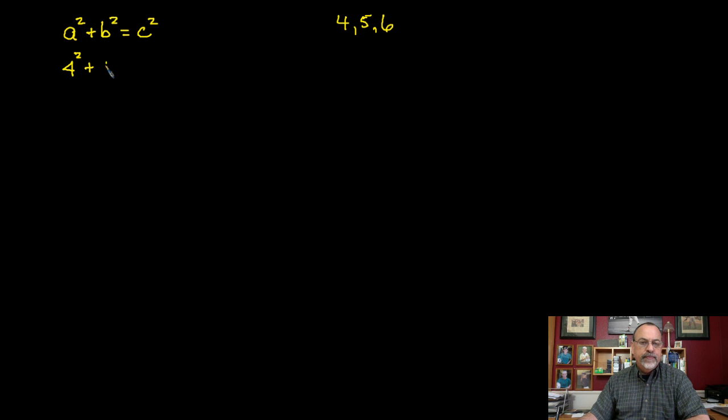So 4 squared plus 5 squared, does that equal 6 squared? That's the question. 4 squared is 16, 5 squared is 25, 6 squared is 36. These added together, 41 does not equal 36. So these are not a right triangle.